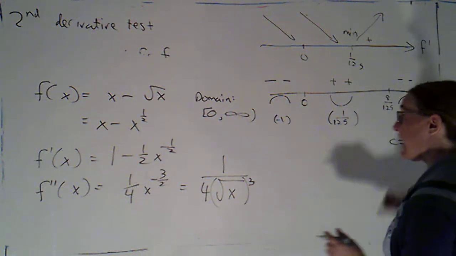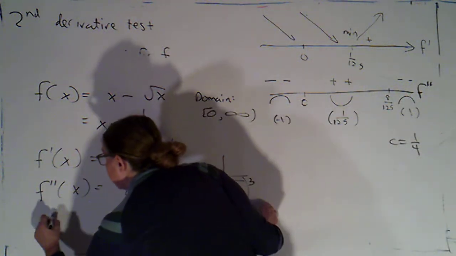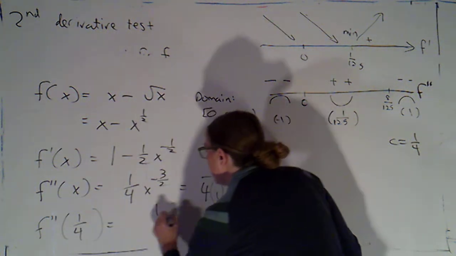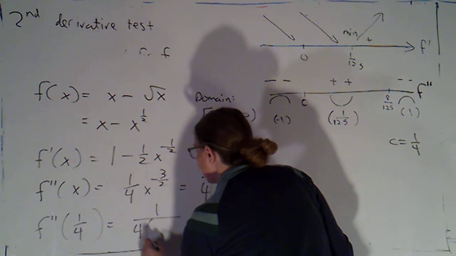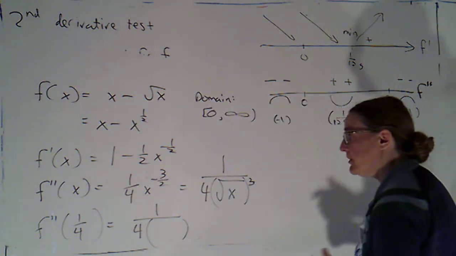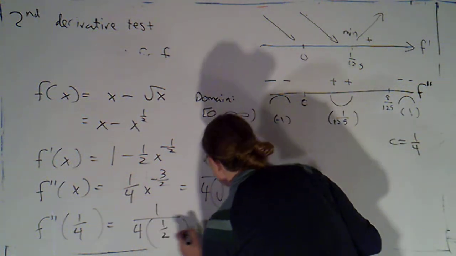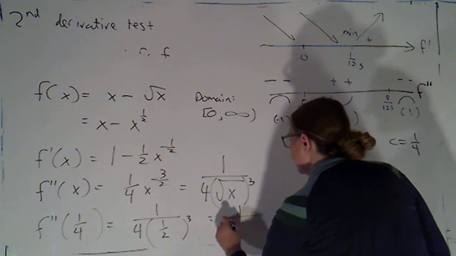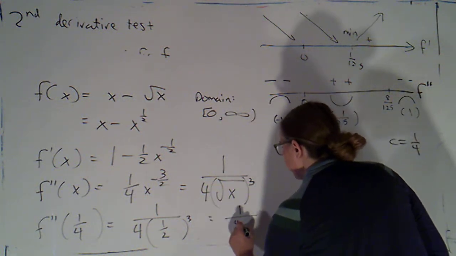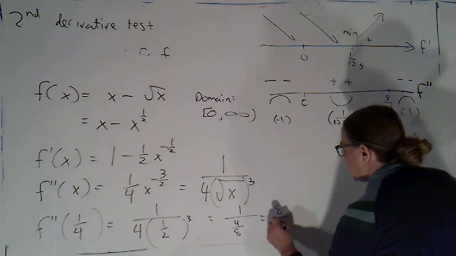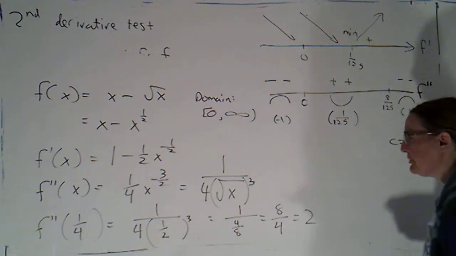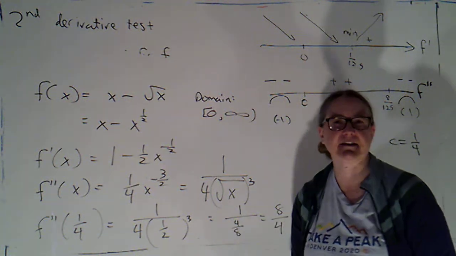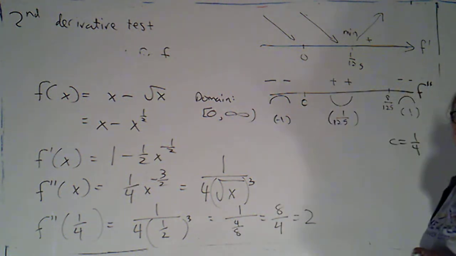So, if I evaluate that at c, f double prime evaluated at 1/4 is going to be 1 over 4 times the square root of 1/4, which is 1/2, cubed. That's going to be 1 over 4/8, which is 8/4, which is 2. And I probably could have stopped a while ago because I could tell it was going to be positive. There was no way I was going to get something negative.